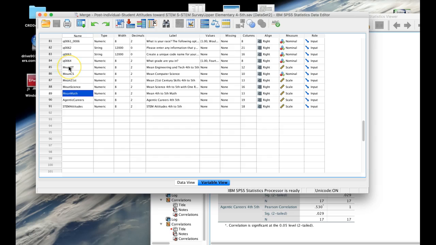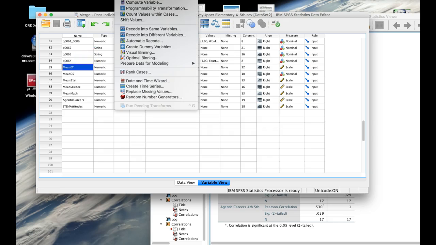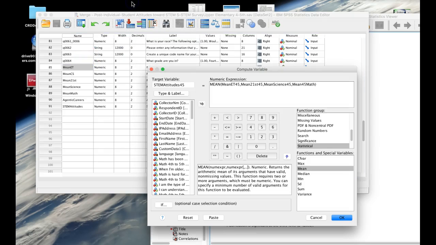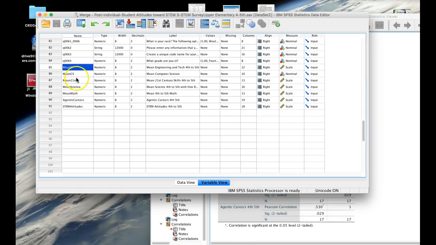I did the science and the engineering and technology in another mean. And the way that I had done that was I did a transform and a compute variable. So I was able to do that with that function of SPSS. So the chunks are the engineering and technology, 21st century learning, science, and math.